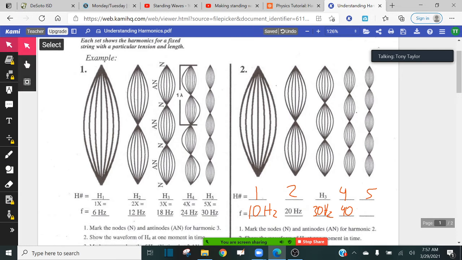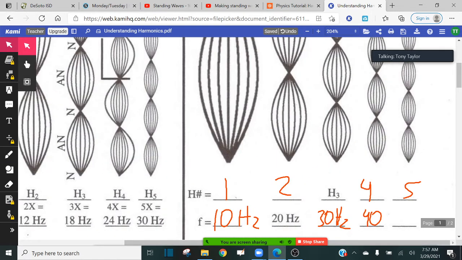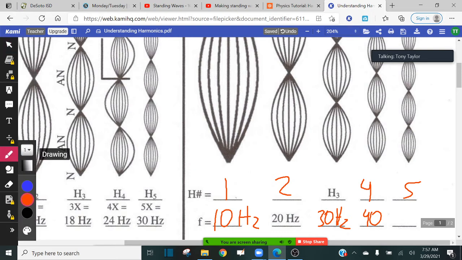So you get the basic idea. What about the frequency of the fifth harmonic? It will be 5 times 10, which is just 50 hertz.